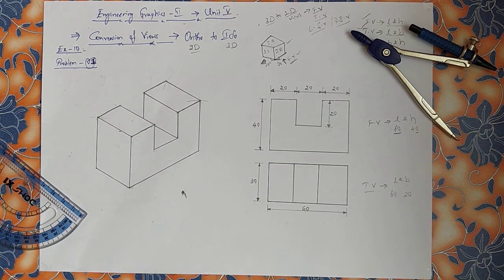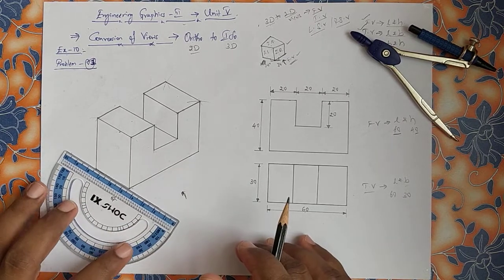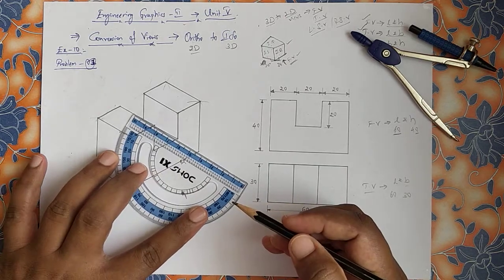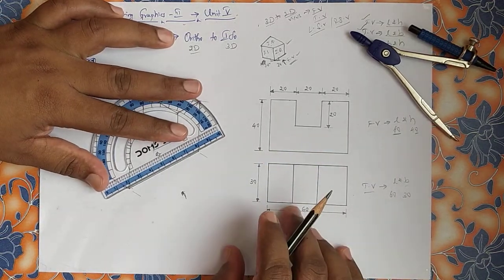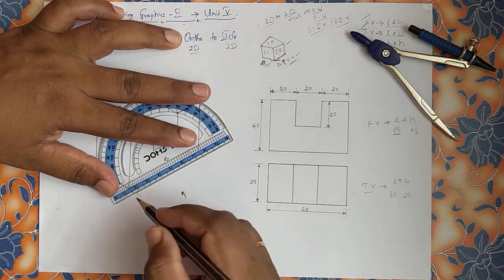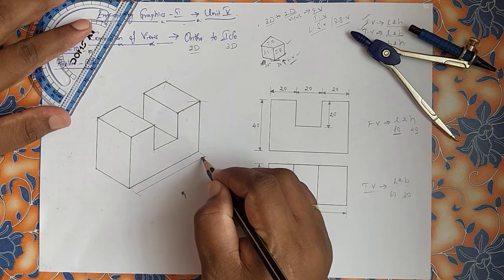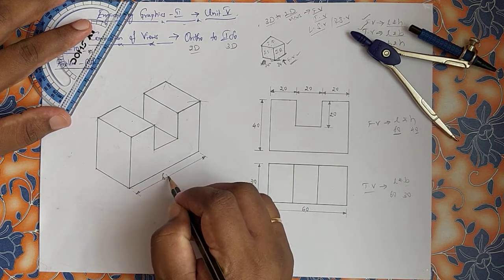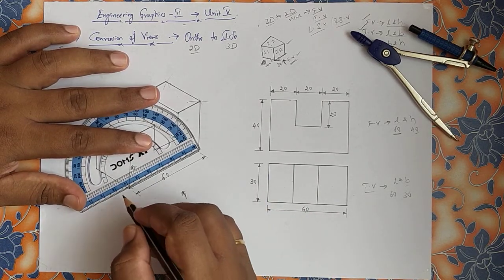Like this, there are many three-dimensional figures which we are supposed to do. Try to give the dimensions. These dimensions are as usual. What is the total length? Now what about the width?